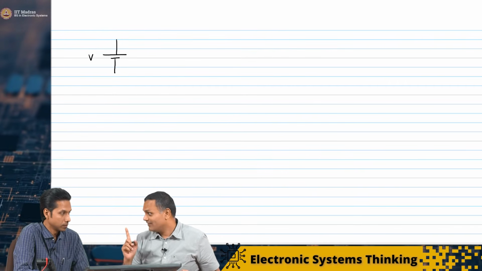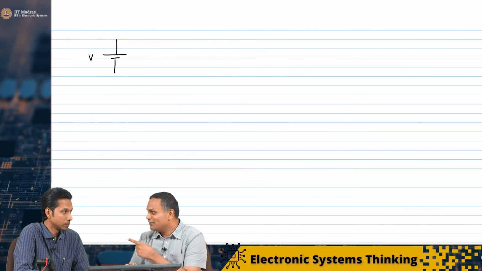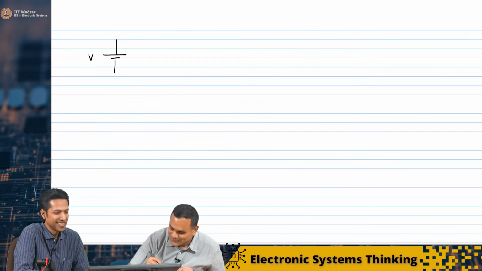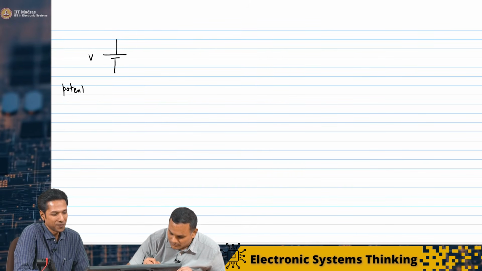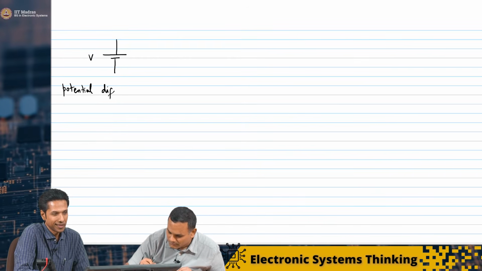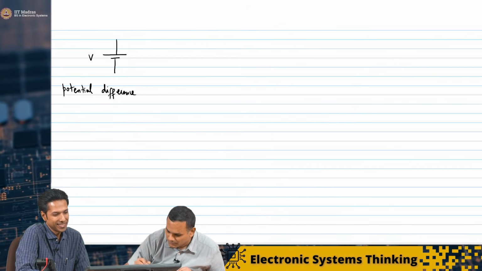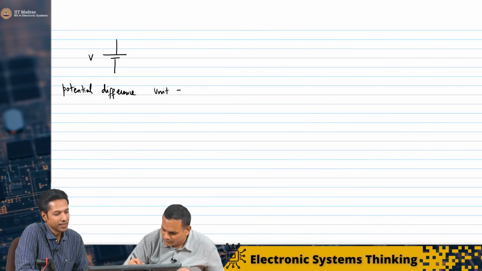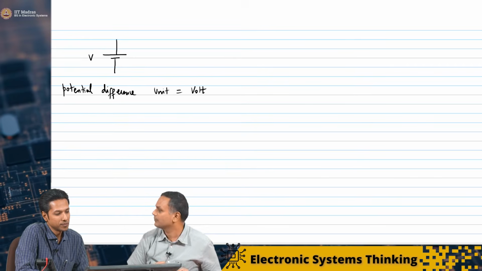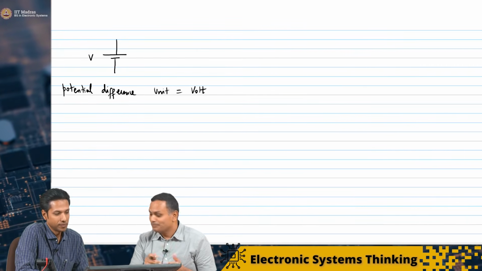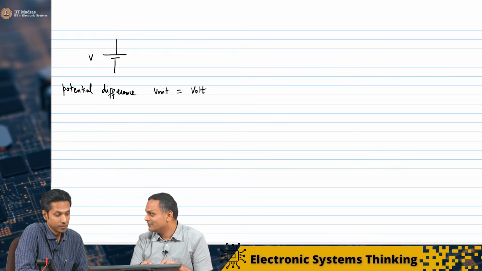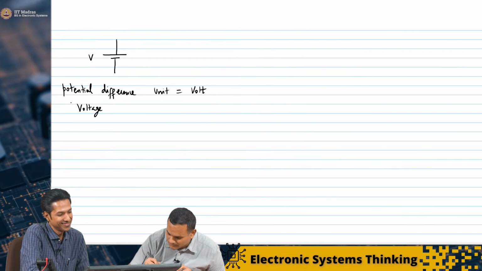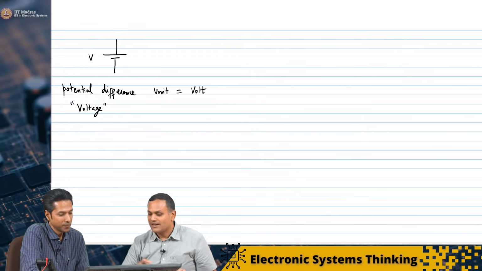By the way, we didn't discuss this, but the unit of potential difference is volts. We didn't explicitly say this. So by the way, another word for potential difference is voltage. And the unit is volt.